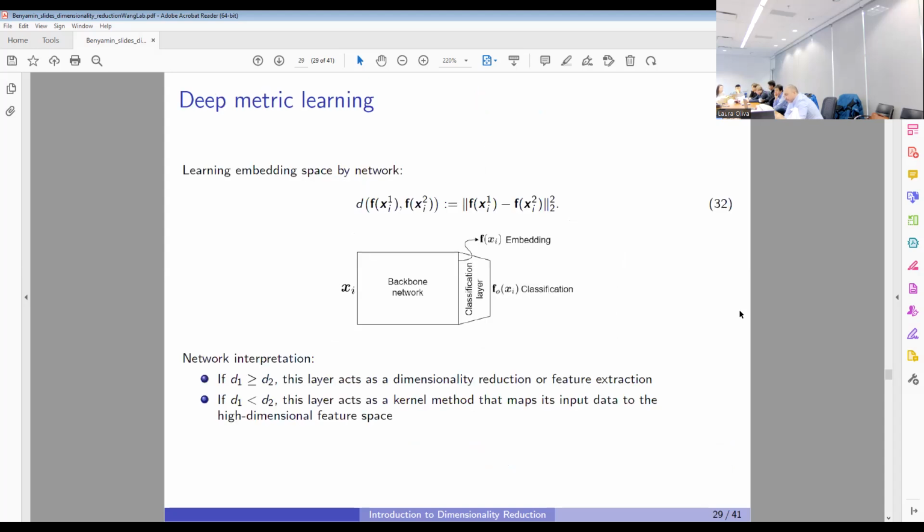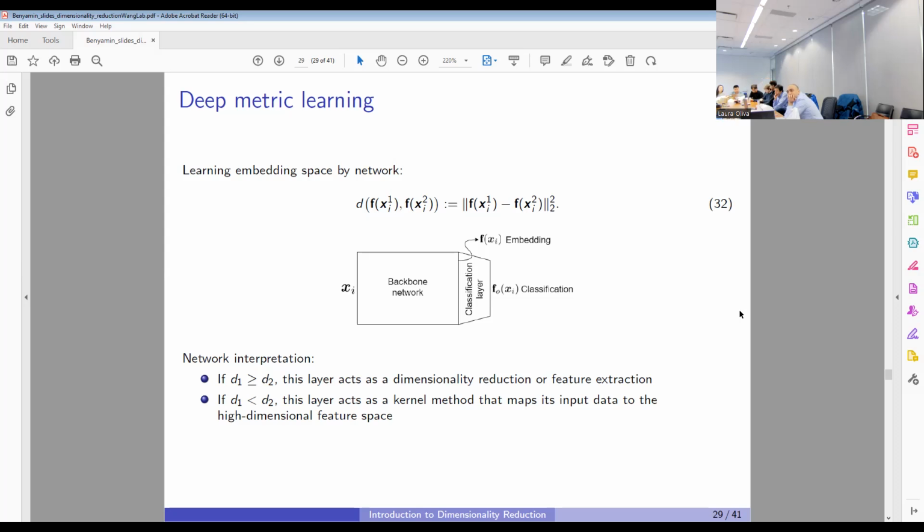Deep metric learning says that I want to learn an embedding space by some neural network, and I use the features of the neural network as learned features for manifold learning or dimensionality reduction. Assume you have some cross entropy neural network for classification, or whatever loss function.